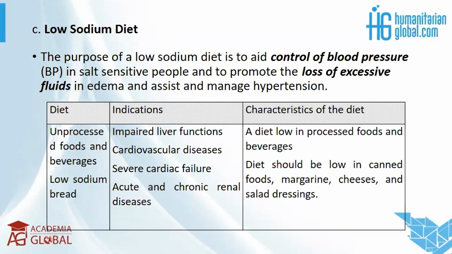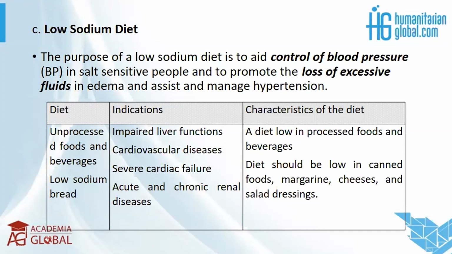You know, a larger blood volume will put extra work on the heart to pump and extra pressure on the walls of the blood vessels. So we need to reduce the sodium in the diet of people who are salt sensitive, so that we can ensure that they do not retain excessive fluids, which can result in high blood volume.